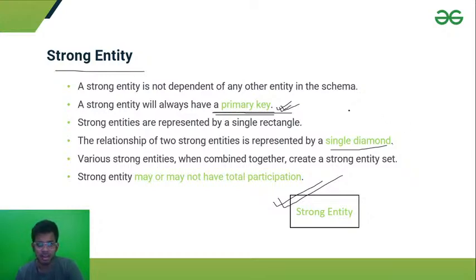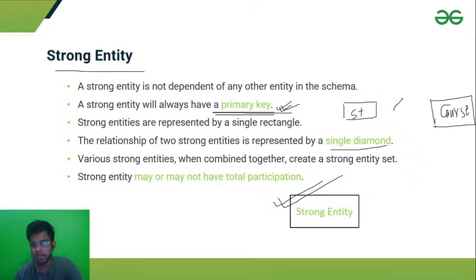Suppose there is a student entity, and there is some course. To relate between them, we have a relationship. This represents which student has enrolled in which course, right? So this is a single diamond, as I have drawn.